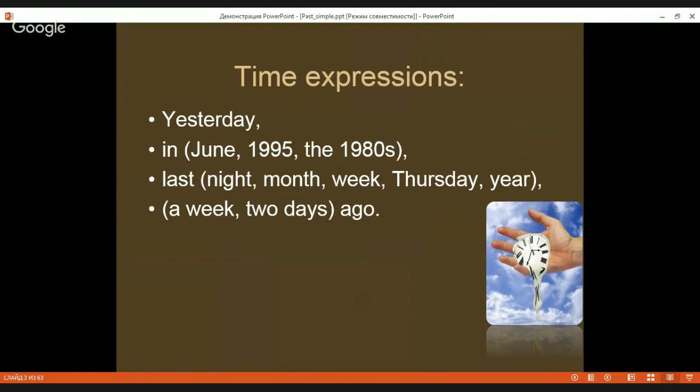A lot of students tend to make this mistake and say something like in the last year or in the last week. It's not correct. Last week, last year, last Thursday. Also, you can say something like 2 days ago, 1 week ago, a year ago, or so. Well, practically those are any time expressions that help you answer the question when.